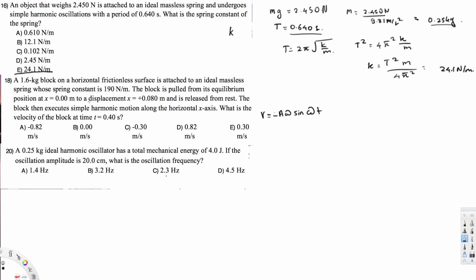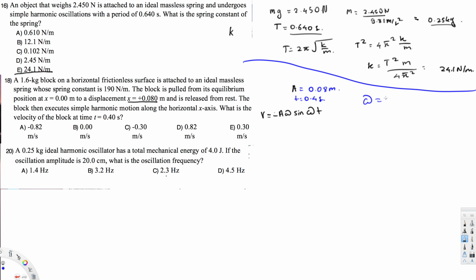Amplitude: they are saying this is released from rest, and at rest this was this height, so it means this is the amplitude. So amplitude is equal to 0.08 meter, and then we need to find the omega. That's not provided. We have the time, 0.4 second. So let's find the omega.